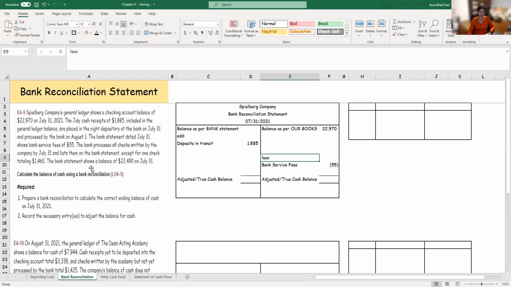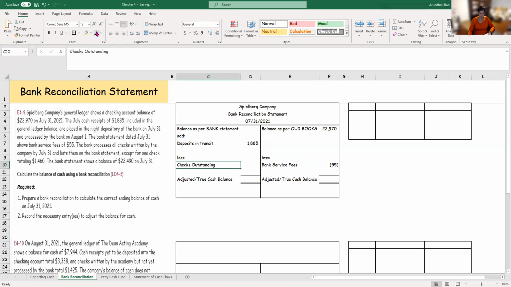Then we are told that the bank processes all checks written by the company by July 31st, and it lists them on the bank statement, except for one check totaling $1,460. So all the checks that we wrote have cleared the bank, except one, which means there's one that for whatever reason is not yet cleared, and it's quite possible I sent the payment to my vendor and the vendor has not deposited it as yet.